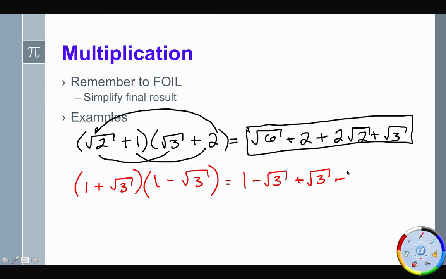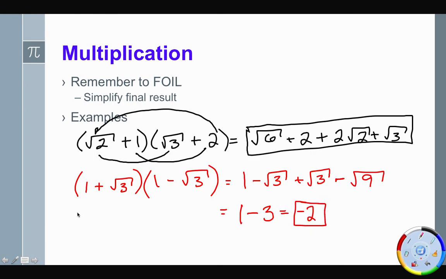Root 3 times root 3 is the square root of 9 because 3 times 3 is 9. And then we notice what happens when we simplify. We get the 1. But here, the minus root 3 plus root 3 cancel. And then the square root of 9 is 3. So we get minus 3, and we simplify there to get a negative 2.